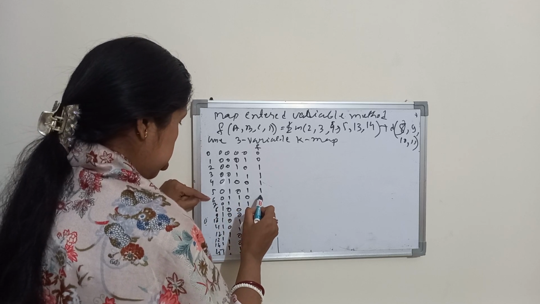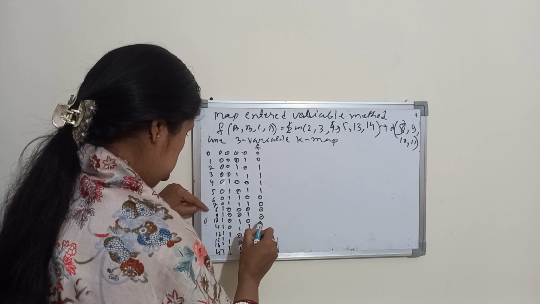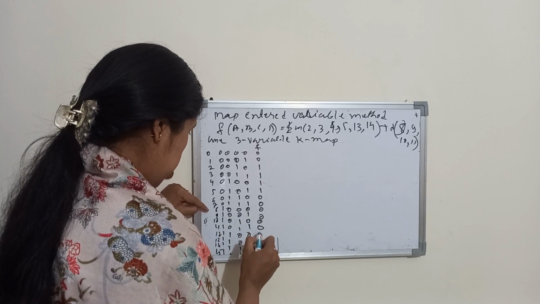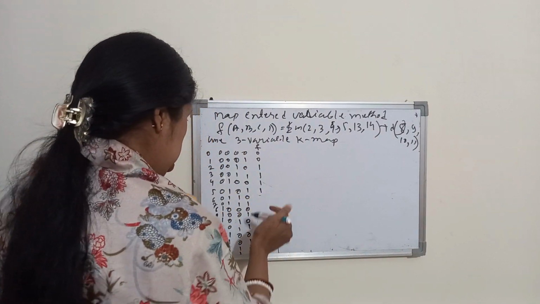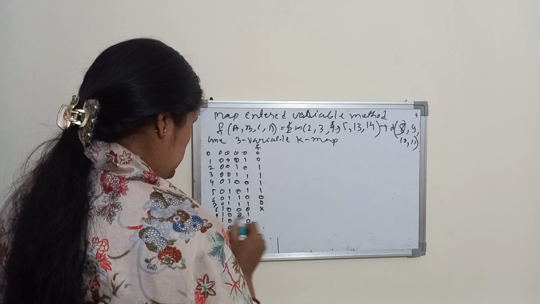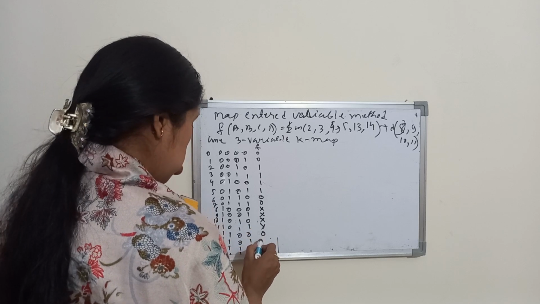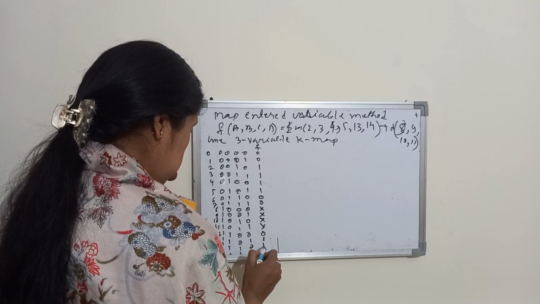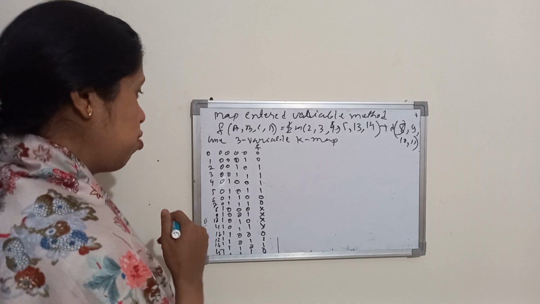Then 6 is 0, 7 also 0, 8, 9, 10, 11 are don't care, 12 is 0, 13 is 1, 14 is 1, 15 is 0. So all the min terms I have written here.